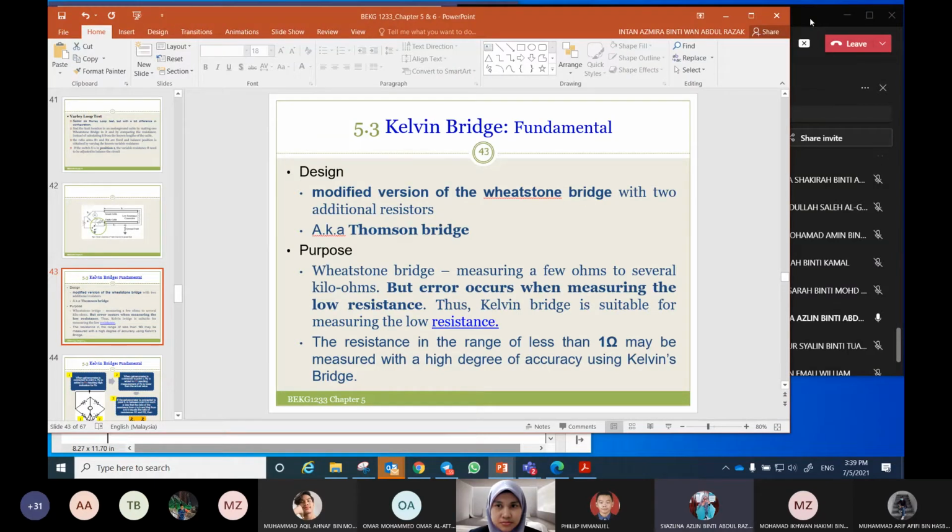Tengok Nata. How many types of DC bridge? How many configurations of DC bridge are in our syllabus? How many? 2. Okay. Apa namanya? Hazlina.